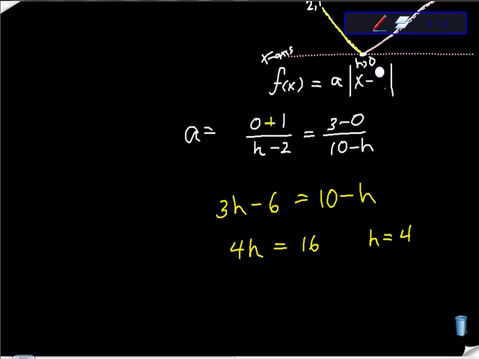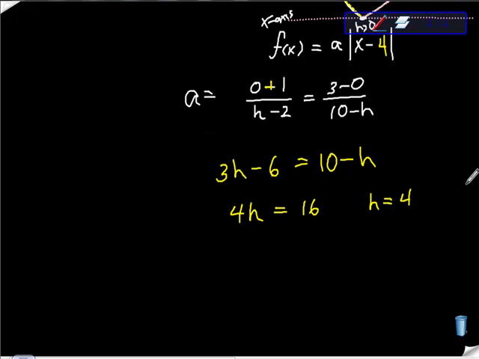So h is equal to 4, and I drop this 4 in right there. Now I'm going to take one of my 2 points, and it doesn't matter which one. I'll take the point (2, 1). So f of x is equal to a times the absolute value of x minus 4, and I plug in this point.